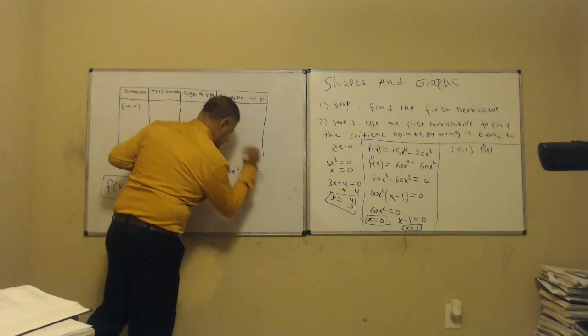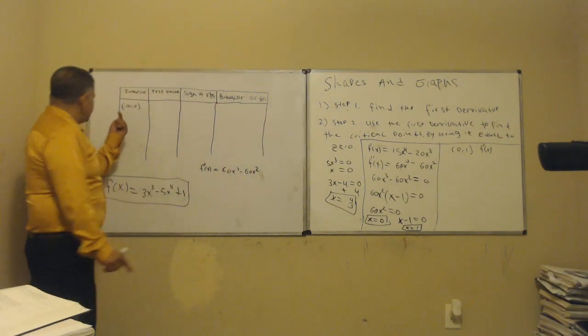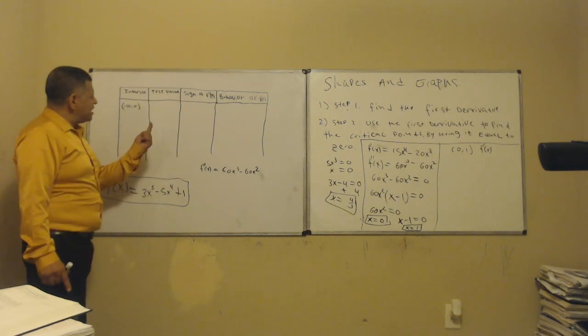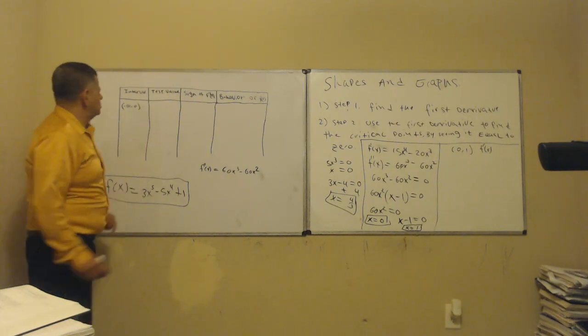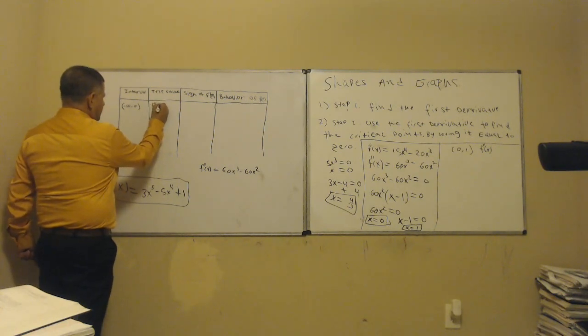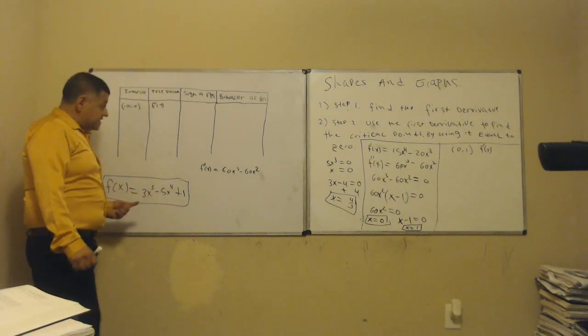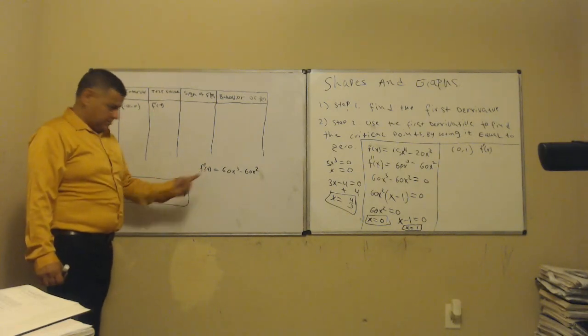Okay. Now, when I go ahead and put test value equal to negative 1, f double prime of x is going to be evaluated in this guy.